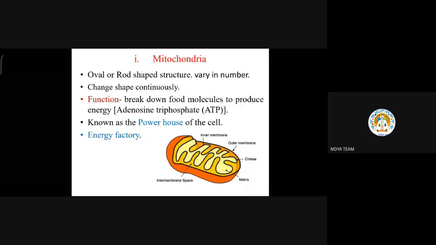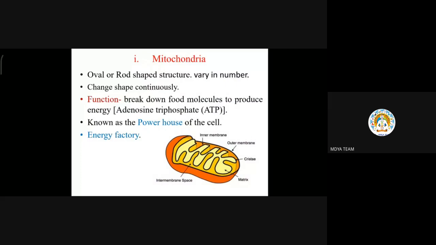That is why mitochondria is known as the powerhouse, energy factory, or kitchen of the cell.